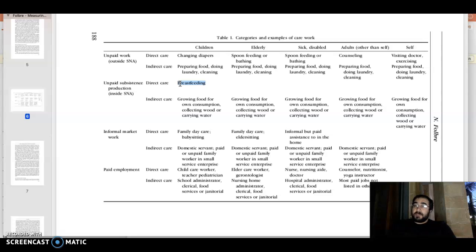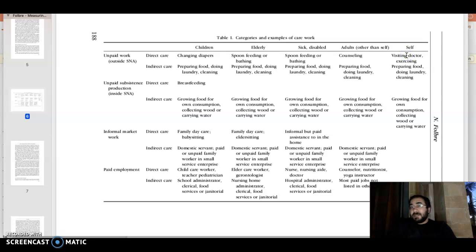So you can look further at the graph, and direct care is interesting because counseling is unpaid work done for adults. Counseling, visiting a doctor, or exercising might be examples.